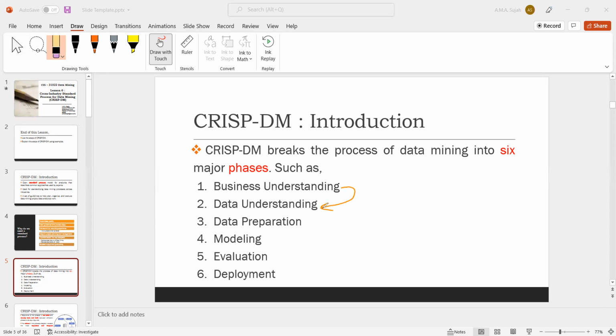Data understanding means you must decide what type of data, what attributes, we need to collect. Everything about what attributes we have is covered in data understanding. Can someone tell me what data attributes you need when developing a data mining project related to credit card transactions?